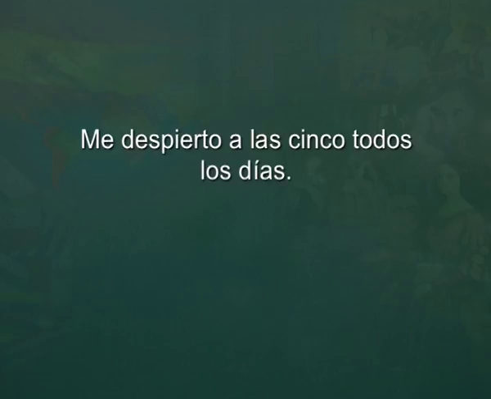Here are some sentences that we use to express our daily activities. I'm sure now you can say, I wake up at 5 every day. Yes, me despierto a las 5 todos los días. Sí, muy bien.